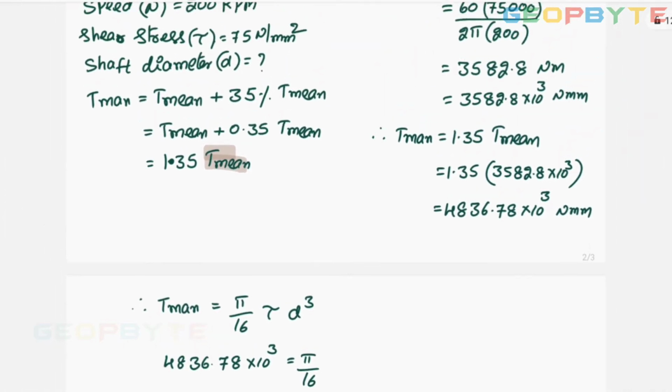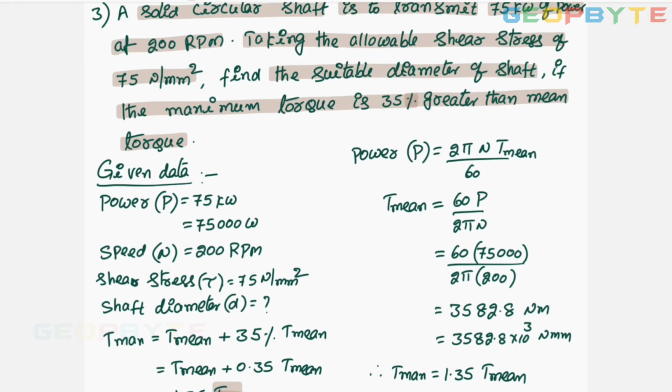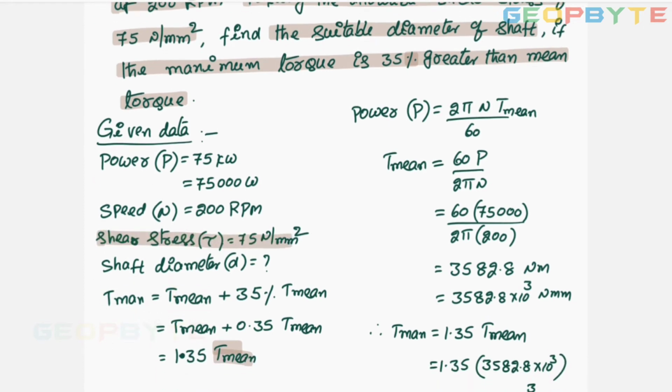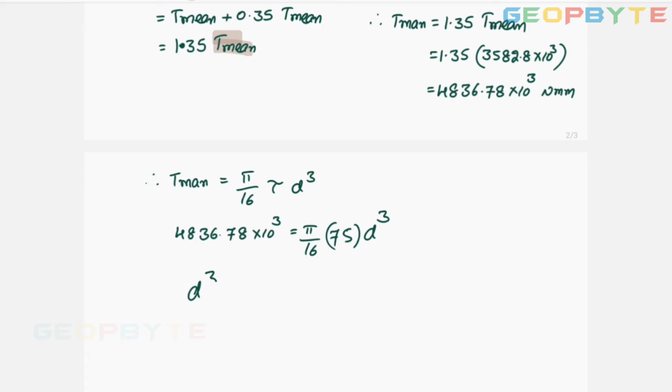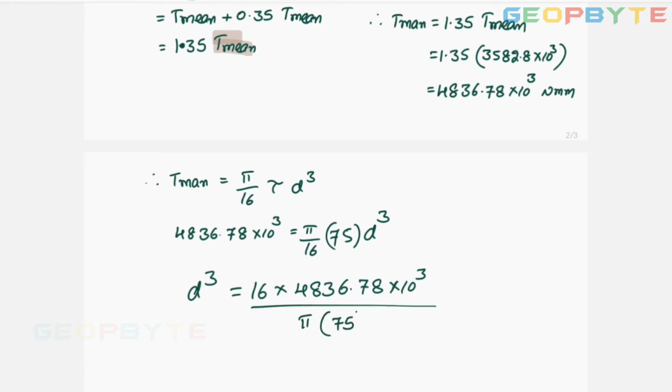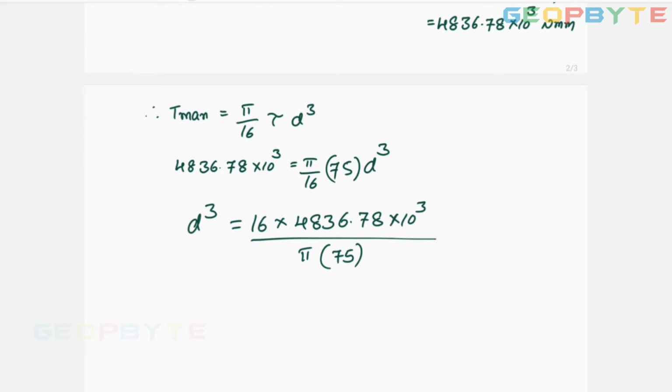How much tau is given? Okay, shear stress given is 75 Newton per mm square, into 75 into d cube. Now simplify it. d cube equals 16 into 4836.78 into 10 raised to 3 divided by pi into 75. Simplify this value to get d around 68.99 millimeters.